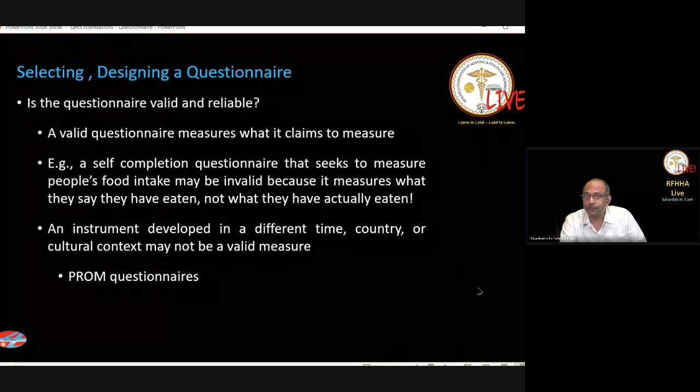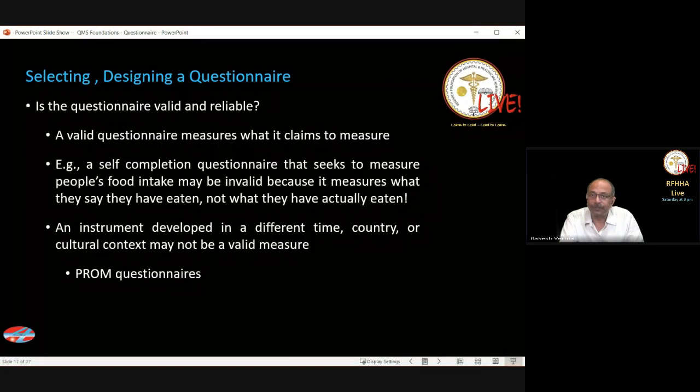Another issue is, even if you get a paid version of a PROM tool, let us say from UK or US or from any other country in Europe, the patient-reported outcomes are surveyed using a questionnaire, and the manner in which a question is asked in, let us say, UK or in US may not be the same as you ask in India.